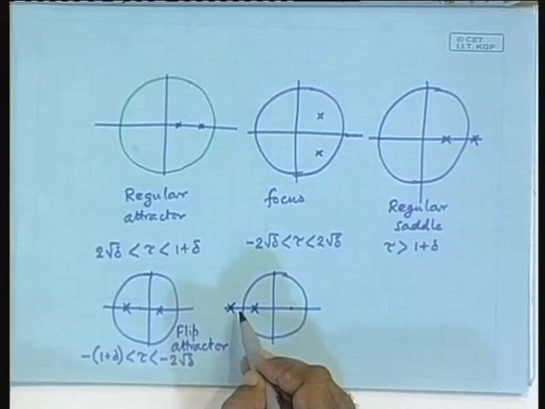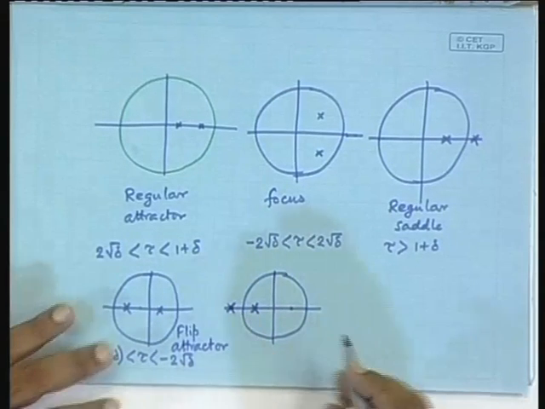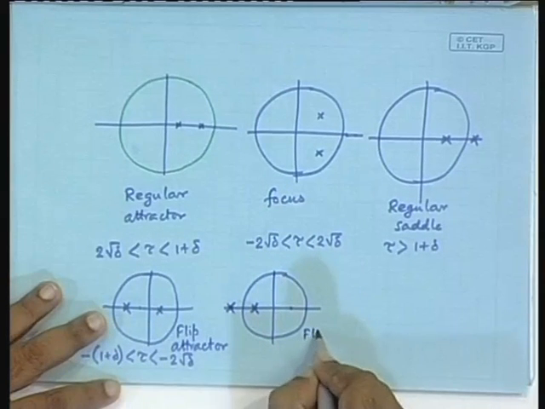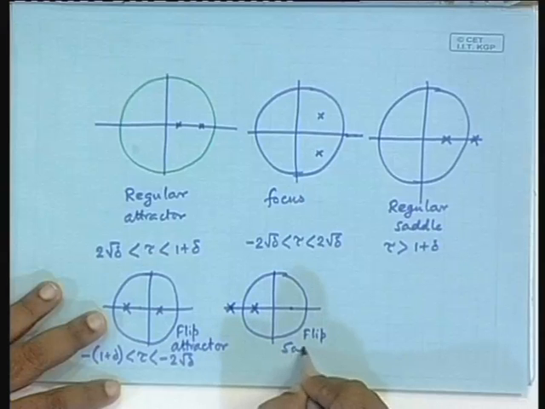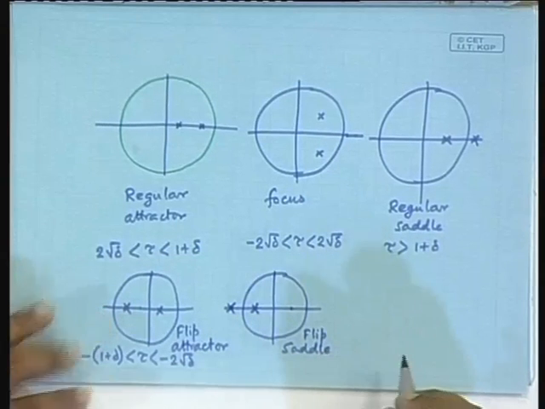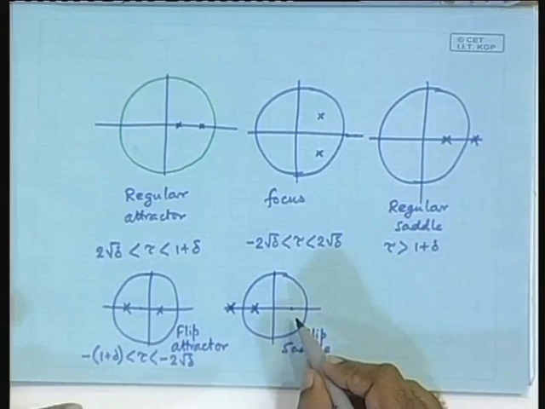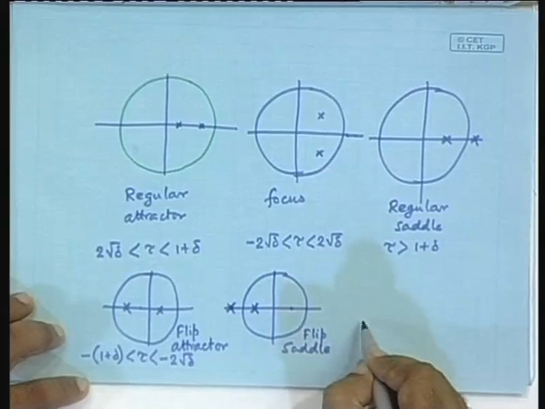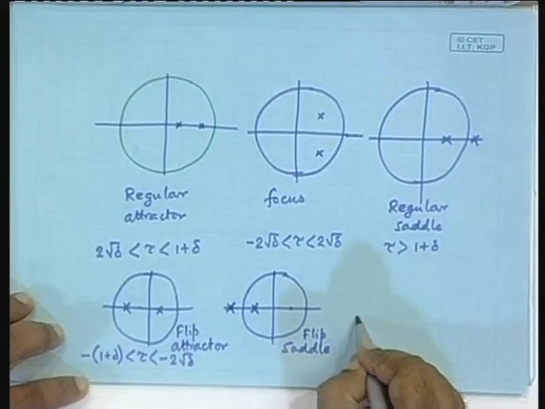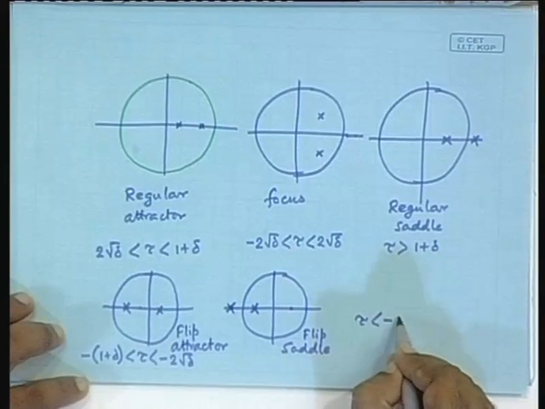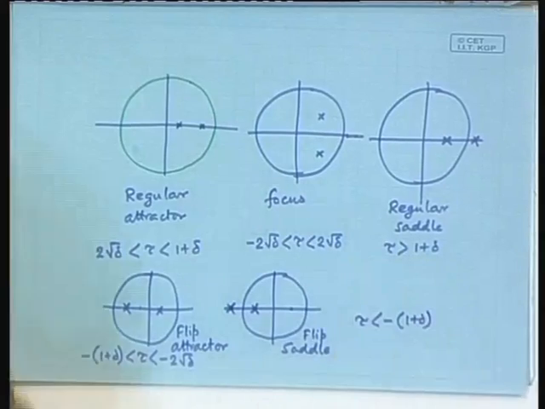Then it is called a flip saddle. And when will that happen? Yes, that is tau less than minus 1 plus delta.